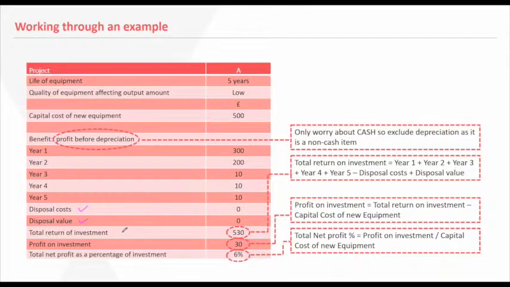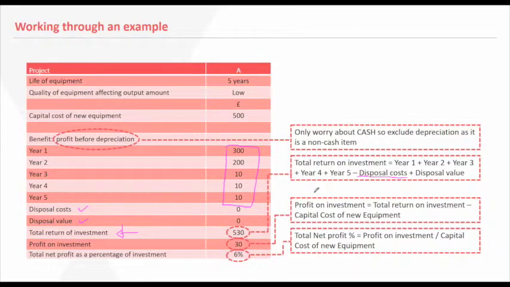We also have this concept of total return on investment. And in this instance, what it means is looking at what we get over the life of the project. So all of those year 1, 2, 3, 4, 5 cash flows coming in. We know that if we had disposal costs to pay, those would flow out. So we subtract our disposal costs.